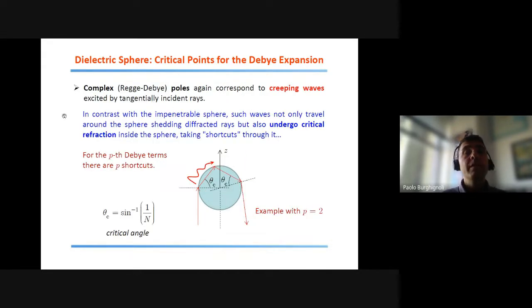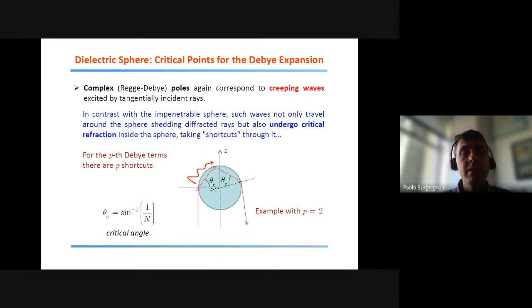Now, the meaning of complex poles, the Regge-Debye poles, again, is that of introducing creeping waves excited this time by tangentially incident rays. However, in contrast with the perfectly conducting sphere, these waves now not only travel around the surface of the sphere and shed diffracted rays, so they attenuate during the propagation because of this, but they are also able to undergo critical refraction inside the sphere, as you can see here.